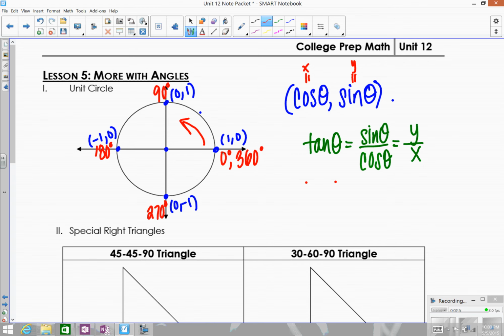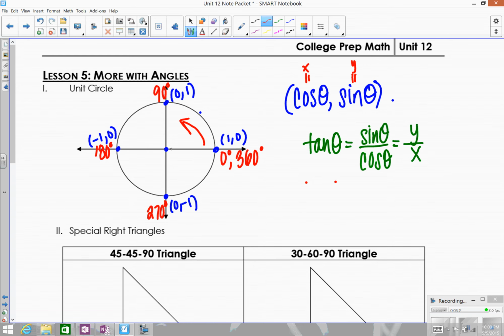So if you start at 0, so if I'm at this point, cosine of 0 is 1, sine of 0 is 0. That's what this is saying. Cosine of 90 equals 0, sine of 90 equals 1. So these degree measures are what are going to give us this cosine of whatever the angle is and sine of whatever the angle is.